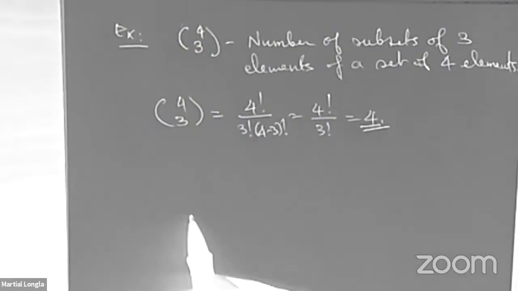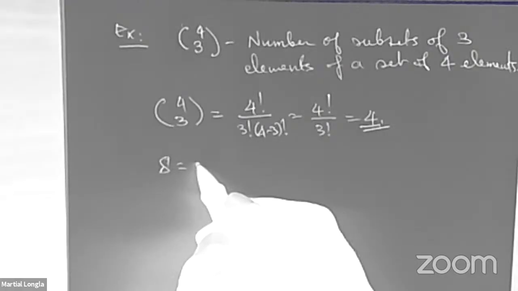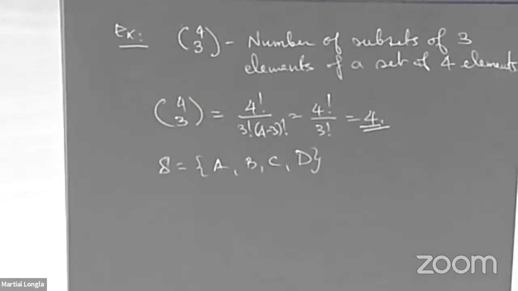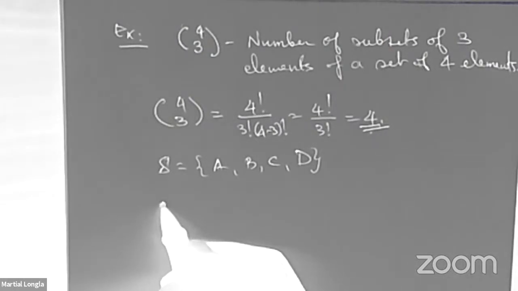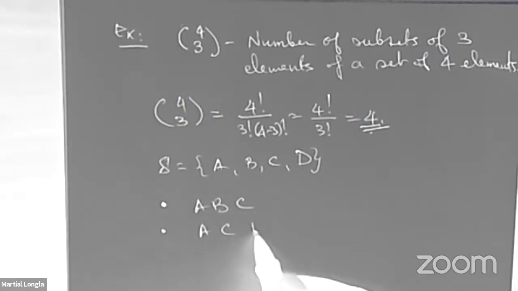And for this example, you can list them. Let's say our set is A, B, C, D with 4 elements. What are the subsets of 3 elements? You can list them: A, B, C; A, C, D; A, B, D; and B, C, D. Is there anyone left?